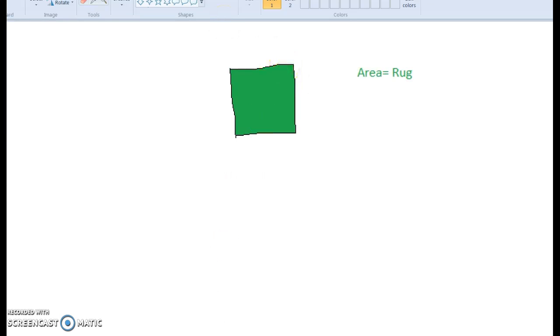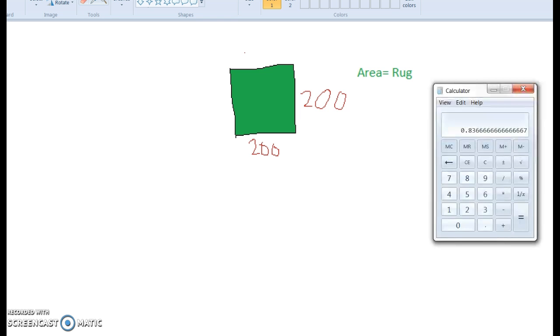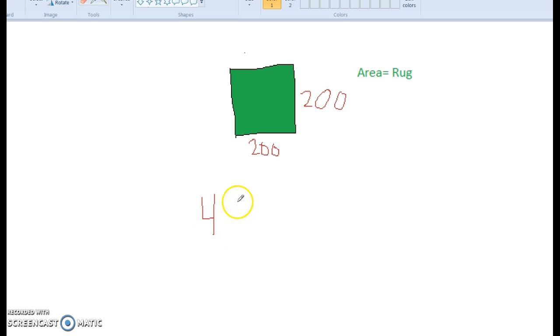I'm going to go back to this, and I know that my bottom is 200 and my side is 200 because that's the information they gave us in the problem itself. So I'm going to take my 200 and multiply it by my second 200, and I'm going to get 40,000. 40,000 is the square feet of this area right here.